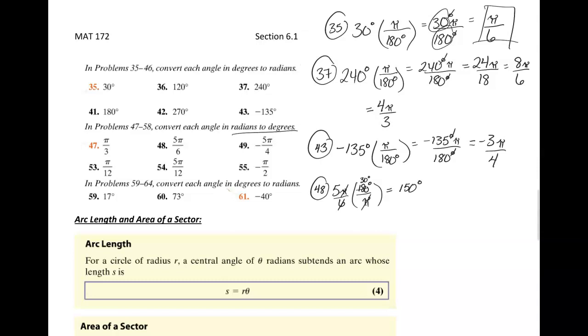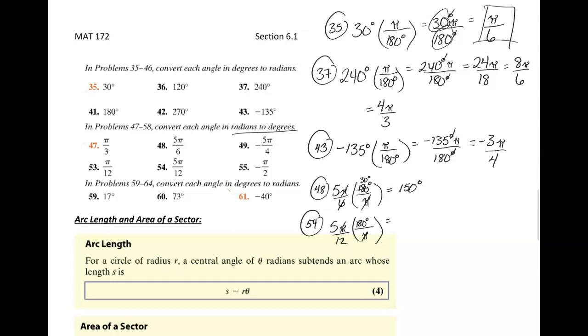Okay, take a minute, pause the video, try number 54. 54 is going to work the same way. So we're going to have 5 pi over 12. And we are going to multiply by 180 degrees over pi. Because we want degrees, degrees has to be in the numerator. And that's going to cancel.